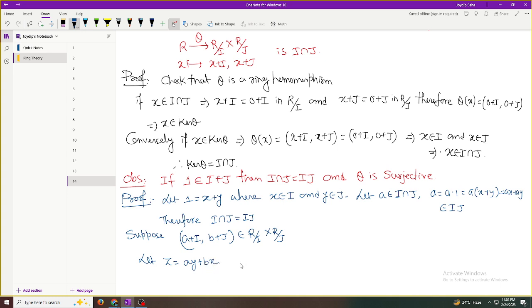Then z minus a, what is z minus a? It is a(y minus 1) plus bx, but what is y minus 1? y minus 1 is minus x.